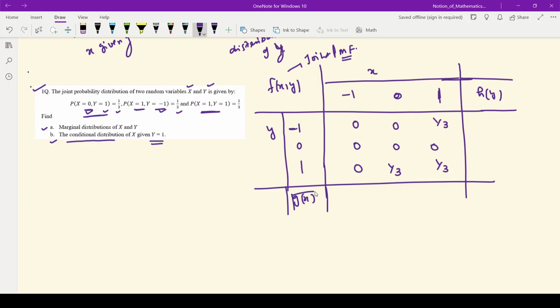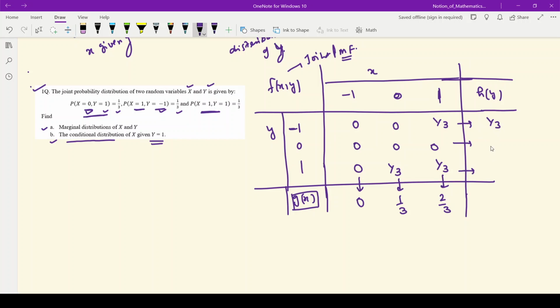Actually g of x is the sum of the column elements. If we sum up these column elements, it is 0, it is 1 by 3, and 1 by 3 plus 1 by 3 is 2 by 3, and h of y is the sum of the row elements.